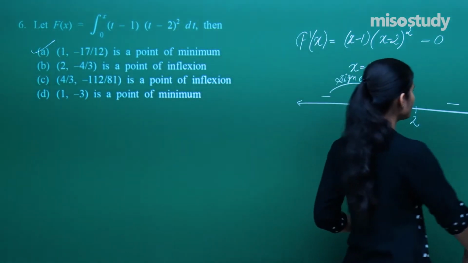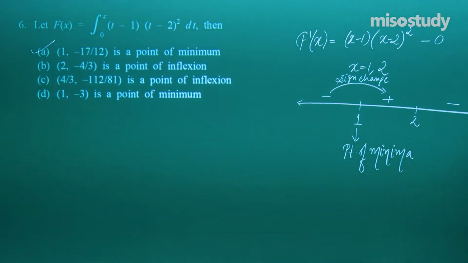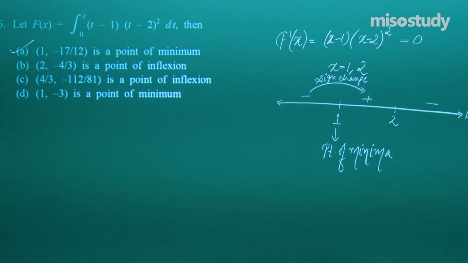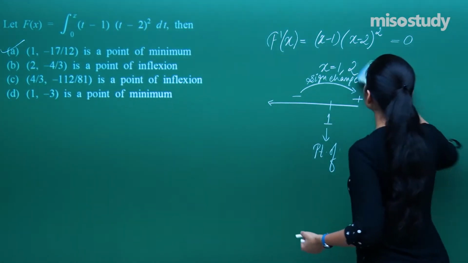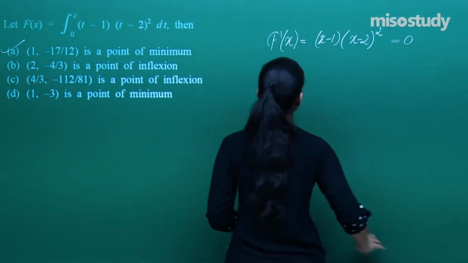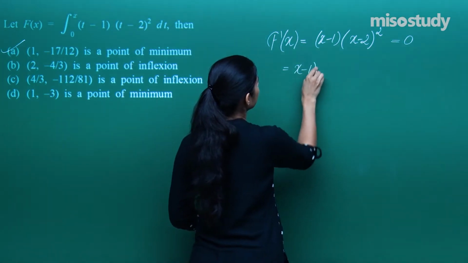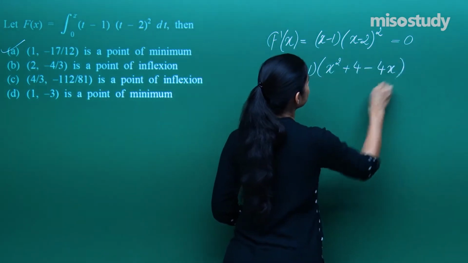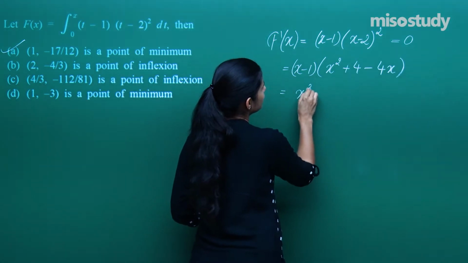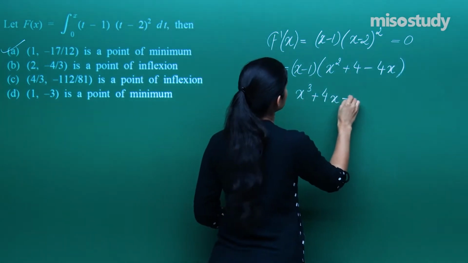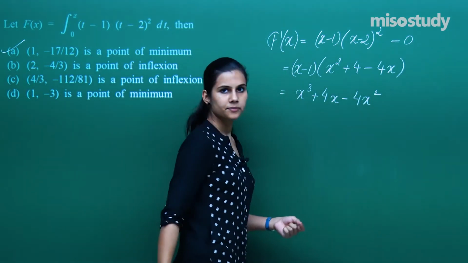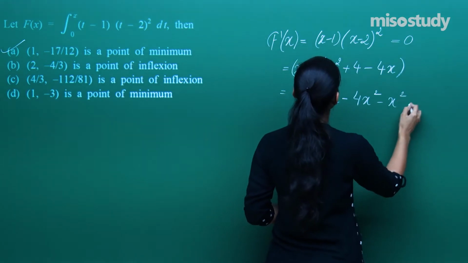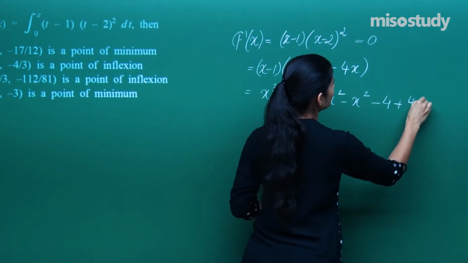Now if I am talking about point of inflection, for that I will have to compute f double dash x. Fine. Let us talk about the computation of f double dash x. So this is f dash x. What is this equal to? Let's write it down. (x minus 1) times (x square plus 4 minus 4x), which means x cube plus 4x minus 4x square minus x square minus 4 plus 4x.